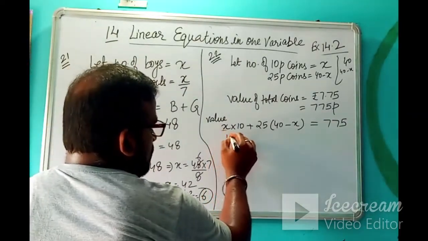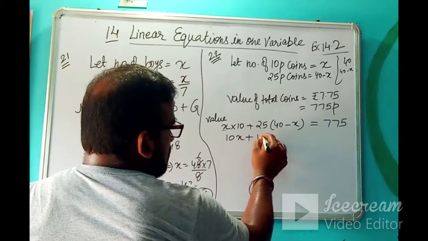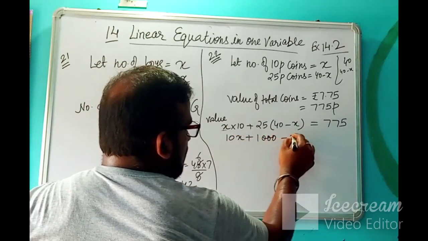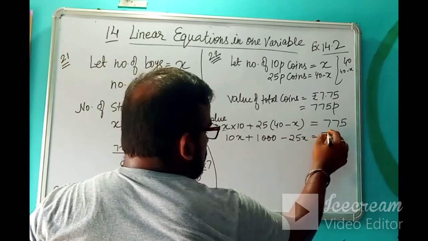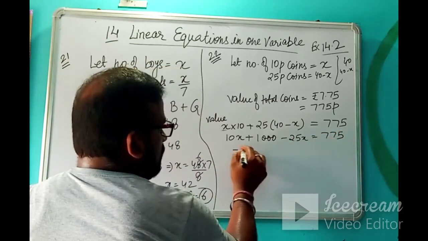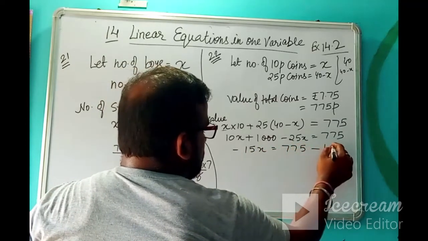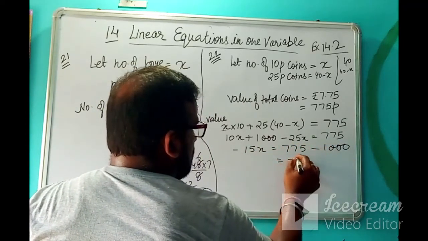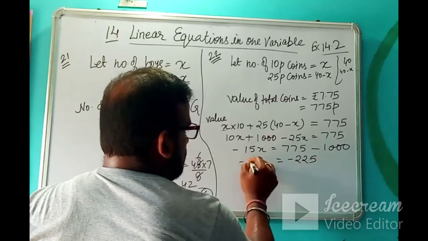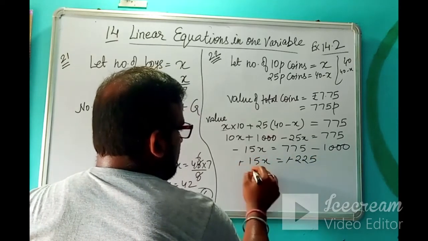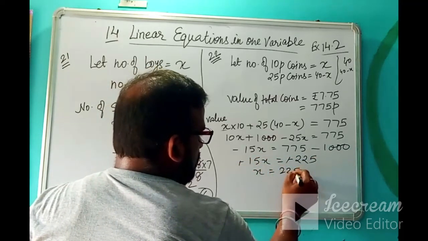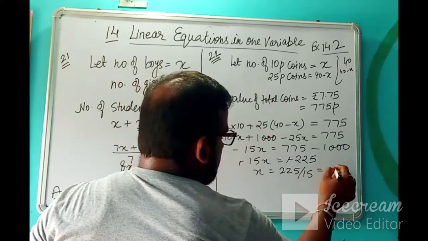So let's solve it. 10x plus 1000 minus 25x equal to 775, so it will give you minus 15x equal to minus 225. So minus cancels, 225 upon 15, that is 15.